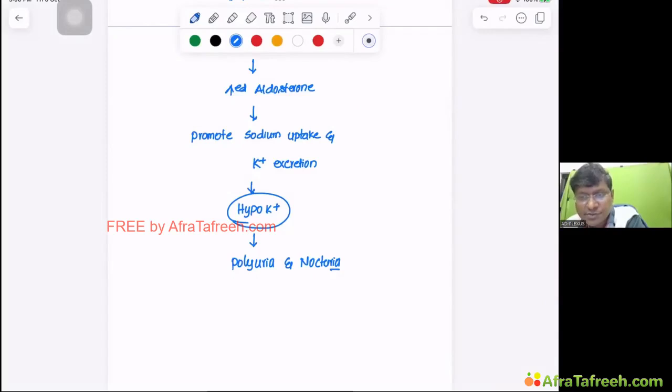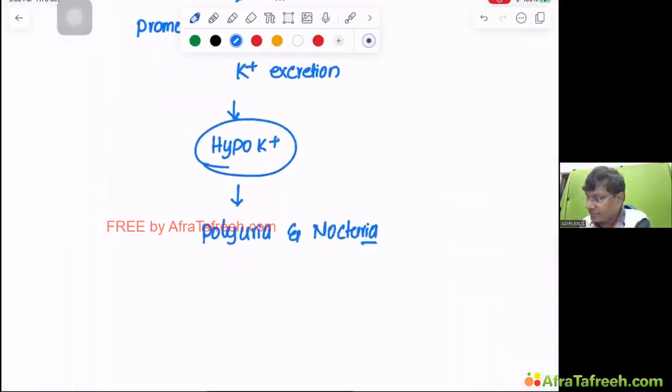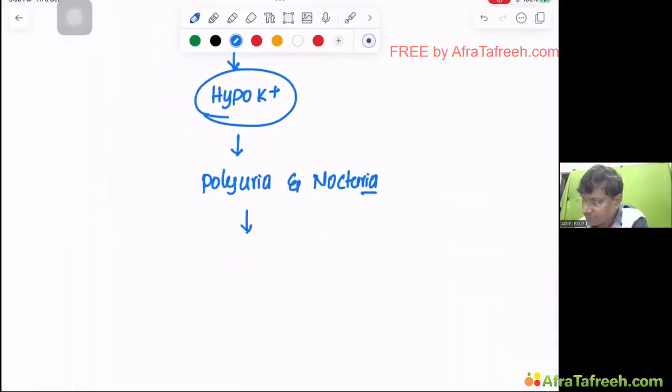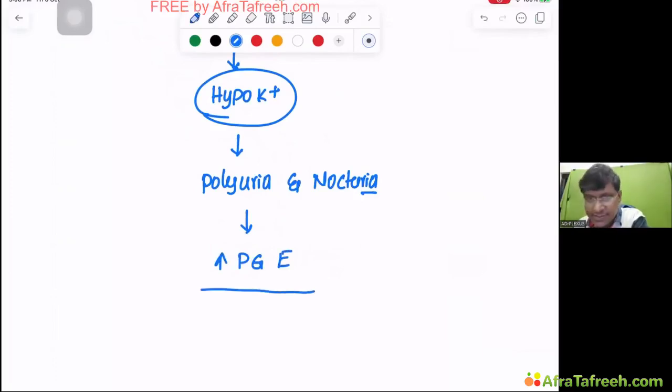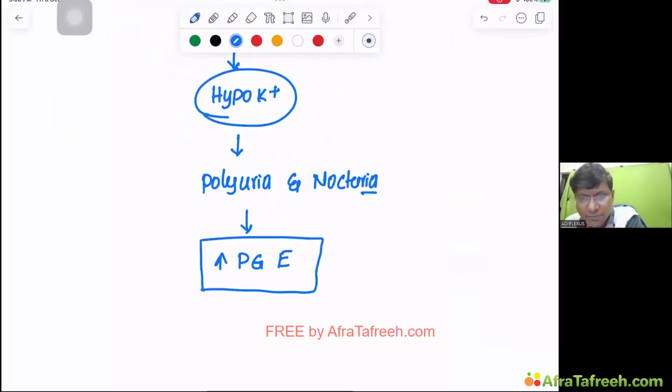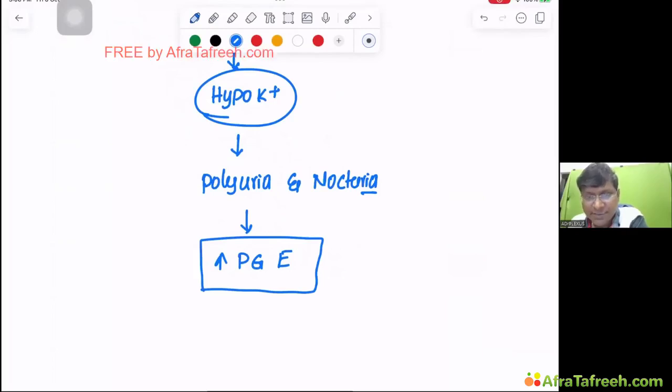In response to this, there will be abnormal increase in prostaglandin E levels, right? Why is there increased prostaglandin E levels? Anyone of you?